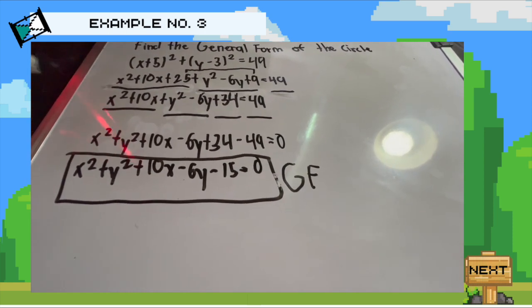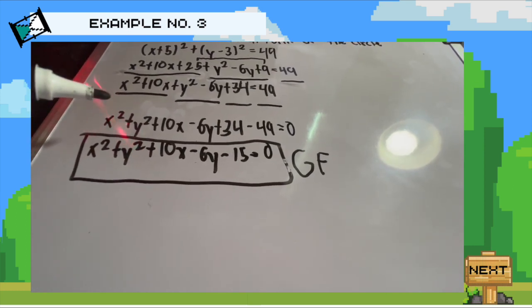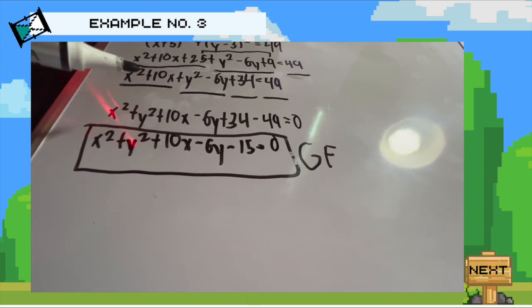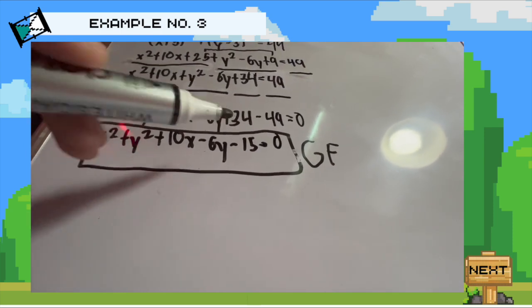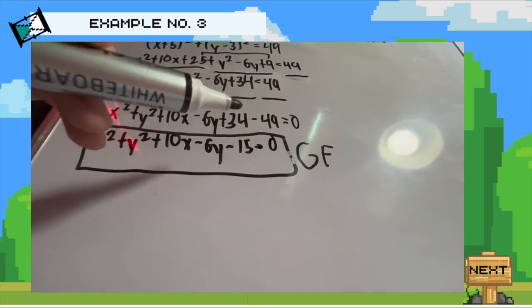And now let's rearrange our equation, so x squared, then copy the positive y squared plus 10x minus 6y plus 34 in our general form. That is equated to 0.